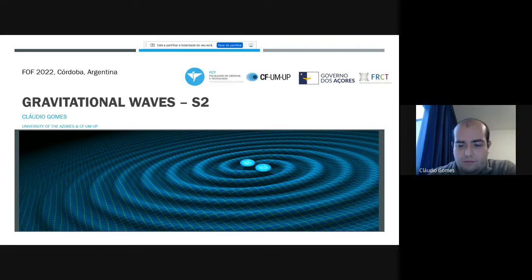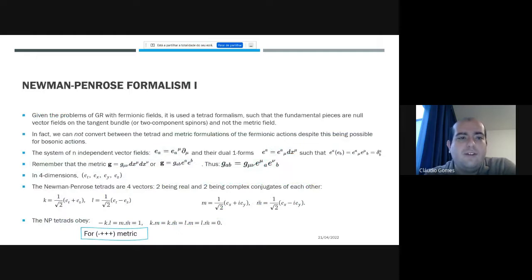So today we will start with the so-called Newman-Penrose Formalism, or it is also known as the spin coefficient formalism. Okay, and the origin of this formalism is due to the problems of general relativity when we introduce matter with spin, namely, for instance, fermionic fields.